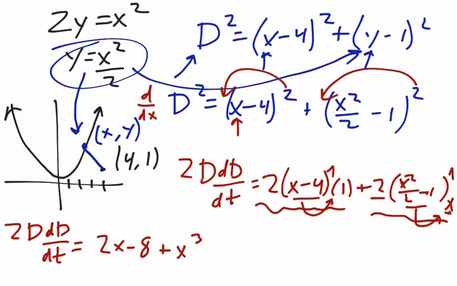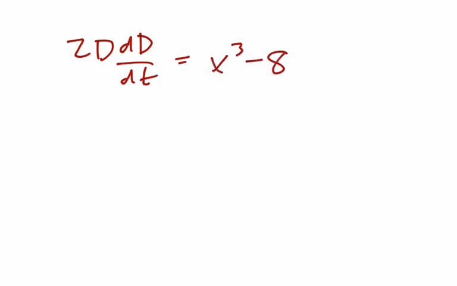And then I have a minus 1 times 2 and x is a minus 2x. And so this actually simplifies very nicely. The 2x's cancel, and I'm basically left with this equation. 2d dd/dx, that's important, equals x³ − 8.